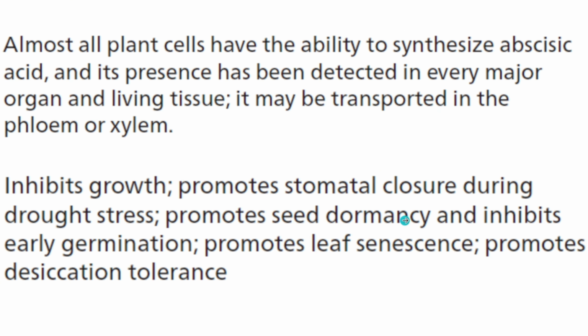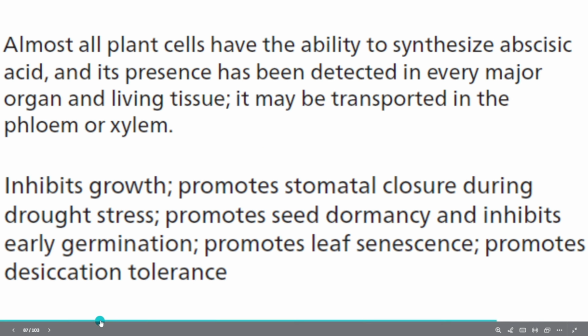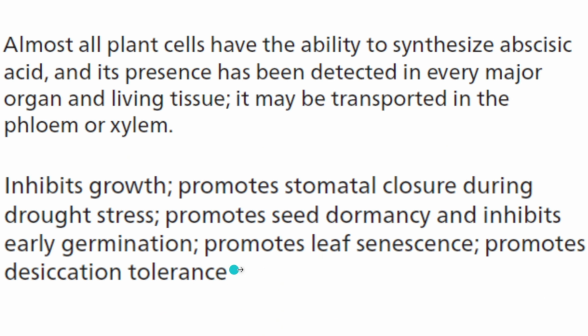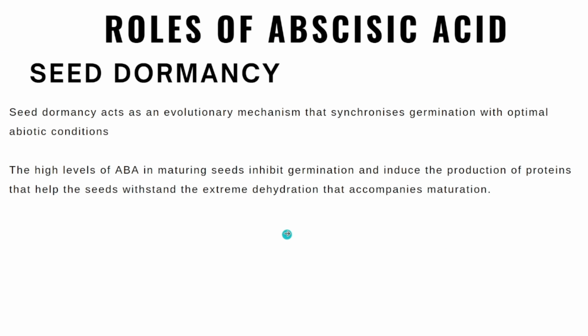And promote seed dormancy, meaning that seed dormancy is the antonym of seed germination, not germinating the seed, inhibiting early germination. Promote leaf senescence, promote drought tolerance. But cytokinin delays leaf senescence, right? But this hormone promotes leaf senescence.